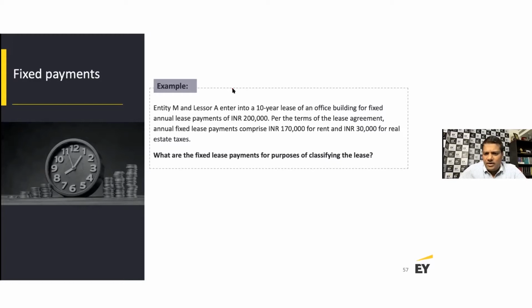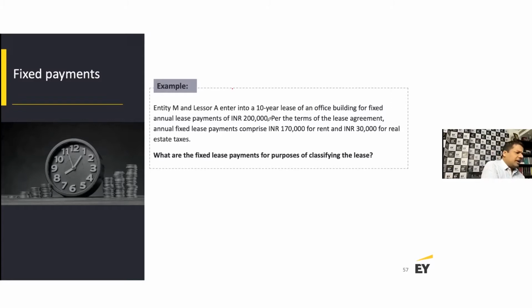As per the terms of the lease agreement, annual fixed lease payments comprise INR 170,000 for rent and INR 30,000 for real estate taxes. Okay. So again, very quickly.